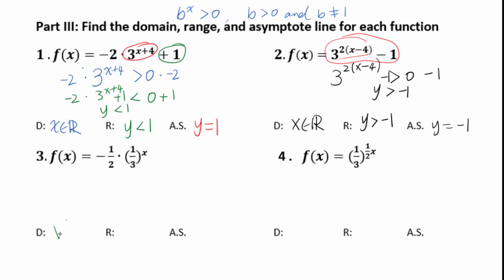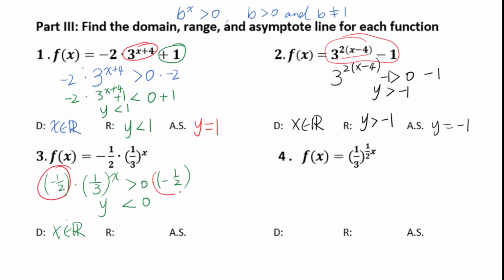For number 3, x is all real numbers. Range: 1 over 3 to the x power greater than 0. Then we multiply by -1 over 2 on both sides. y is less than 0 because we multiply by a negative number. y less than 0.